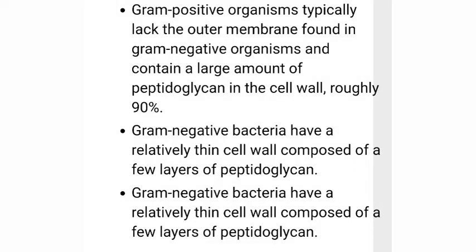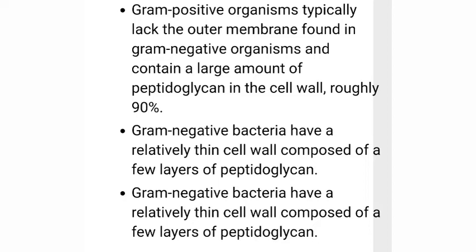Gram-positive bacteria, or gram-positive prokaryotic organisms, typically lack the outer membrane found in gram-negative organisms and contain a large amount of peptidoglycan in the cell wall, roughly 90%. Gram-negative bacteria have a relatively thin cell wall composed of a few layers of peptidoglycan.